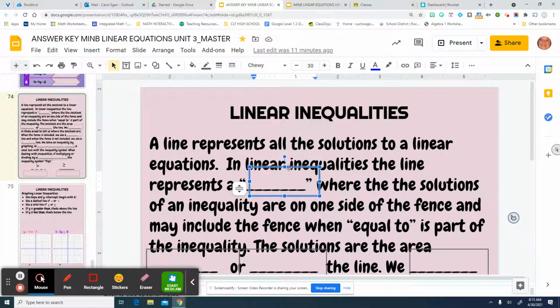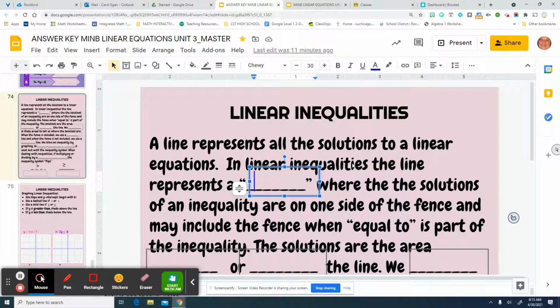So if we pull a coordinate point out of the solution area, it would create a true statement within the inequality. In a linear equation, the solutions are on the line.